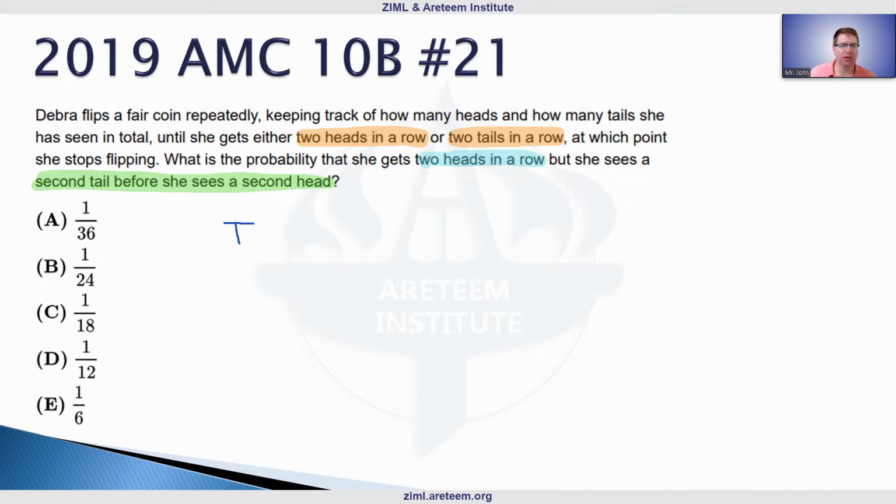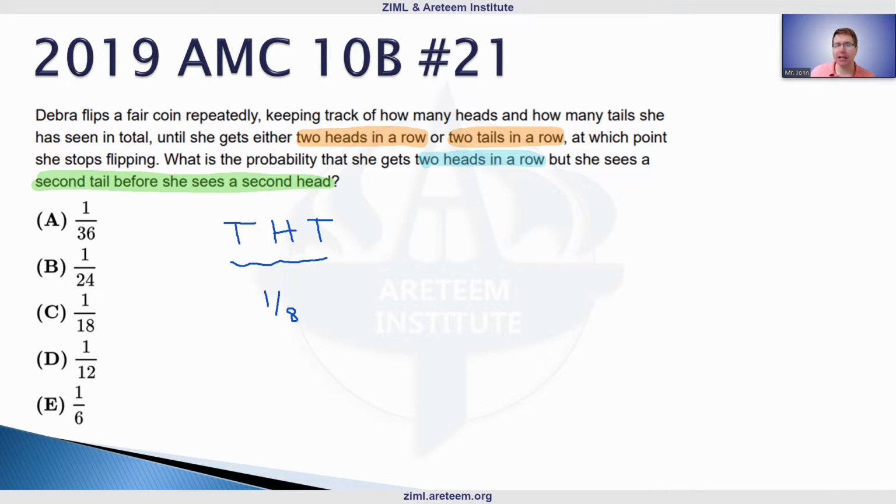We know her first flip was a tail, the second flip was a head, and the third flip was a tail. So we know that for sure. We know these first 3 flips, and we can turn this into a probability right away. This has a probability of 1/8. I like thinking about that as our starting point.